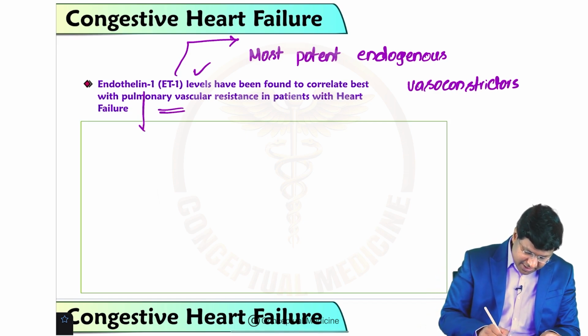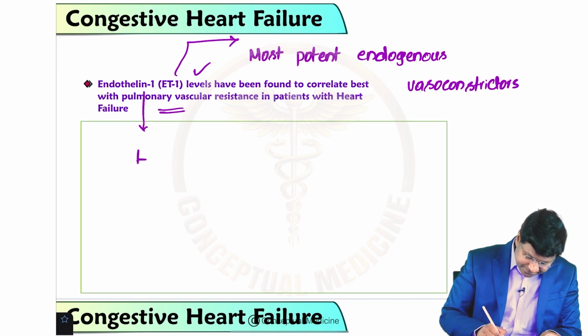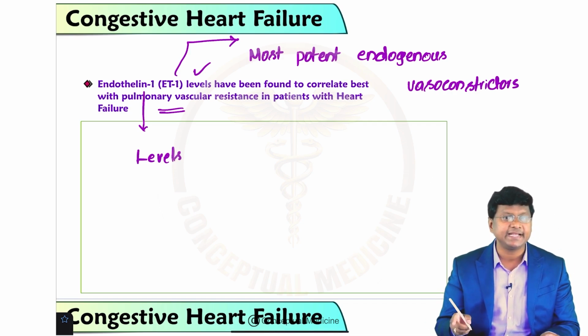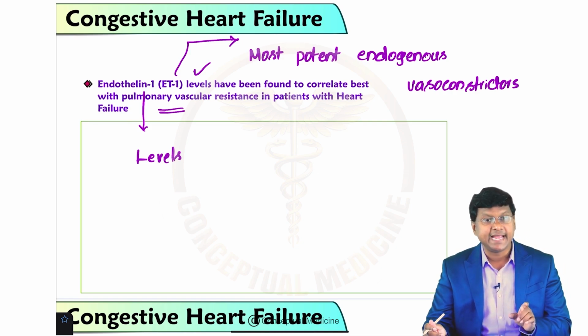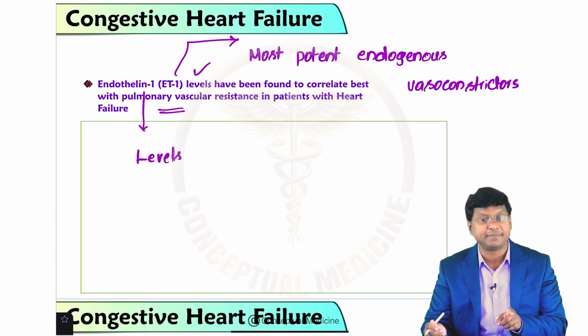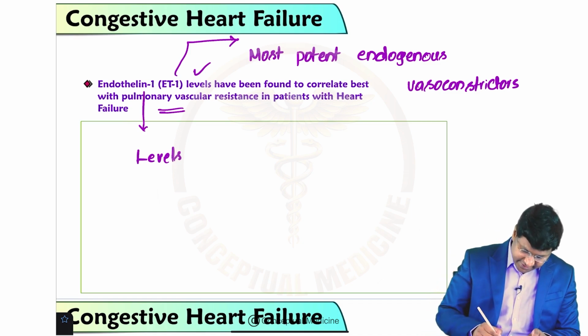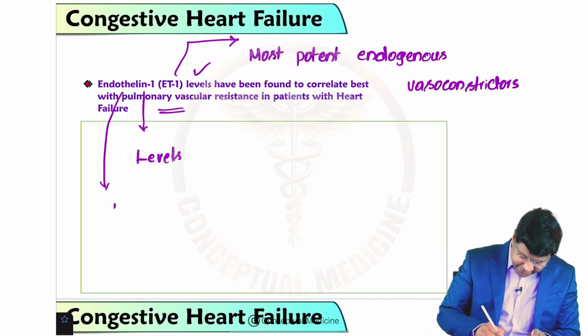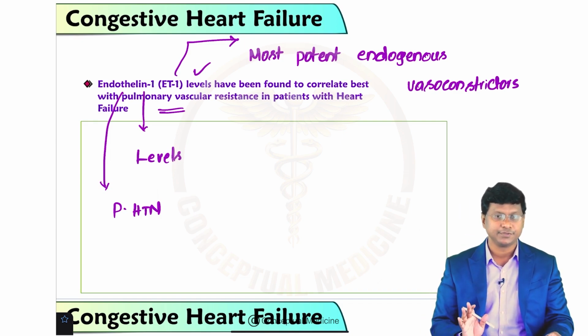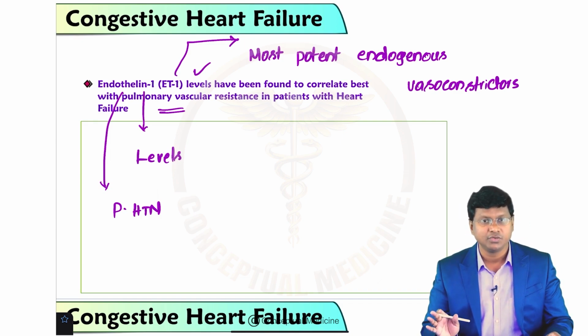The plasma endothelin 1 levels correlate directly with the pulmonary vascular resistance, and it is thought that this peptide may play a role in mediating the pulmonary hypertension in persons with heart failure. So that is about endothelin 1.